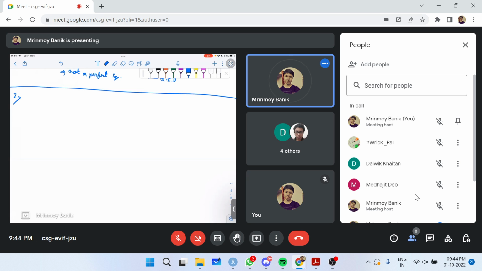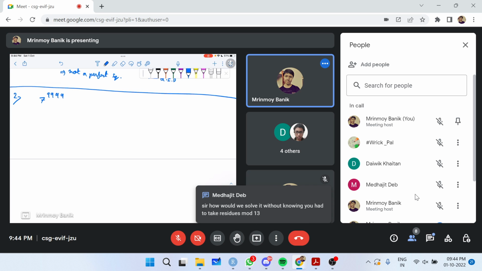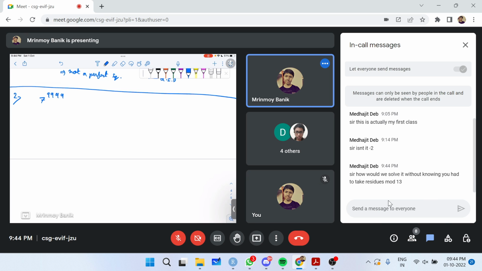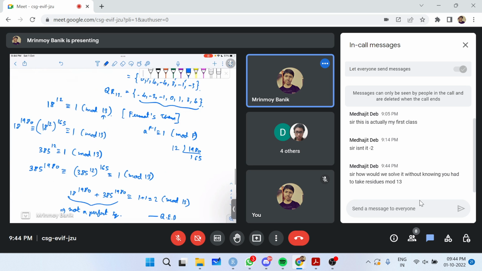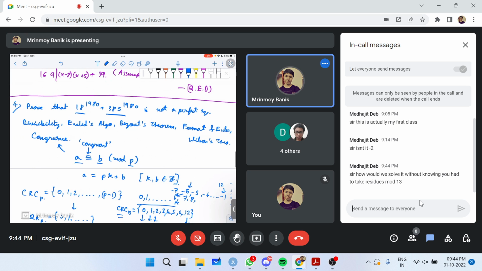The second one, the question was, you have the number 7 to the power 9999. Oh, there is a question. Nice question. Manoj asked, how do we know what congruence to take, what modulus to take? Basically, in this kind of problem, you try out all the well-known moduli.